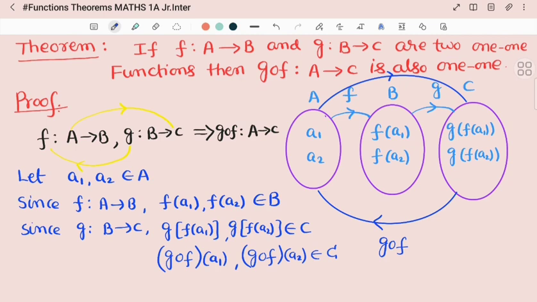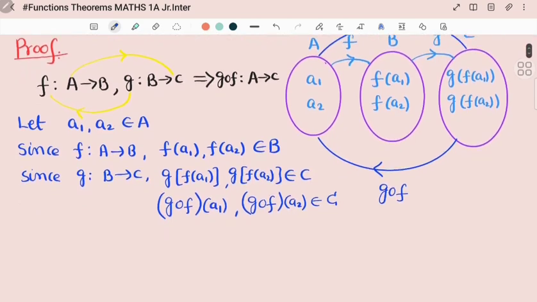So first, to prove this theorem, what we have to do: like this figure, try to draw it as much as possible, and you will make a good impression on the examiner. So f from A to B, g from B to C, then g circle f from A to C. You can assume like this.